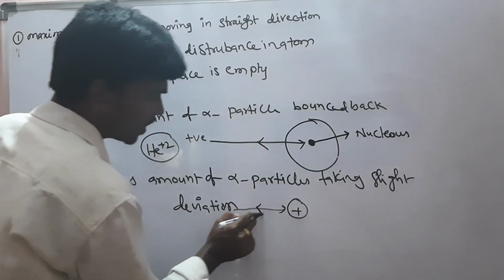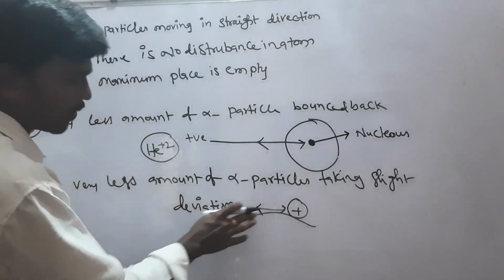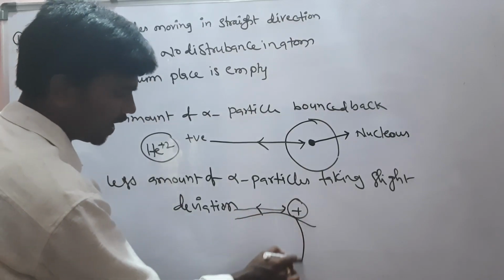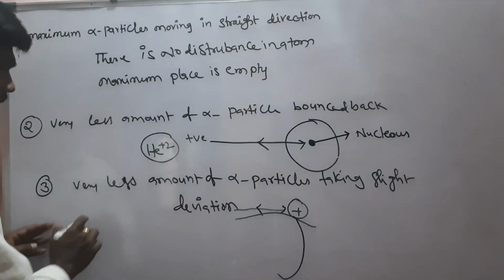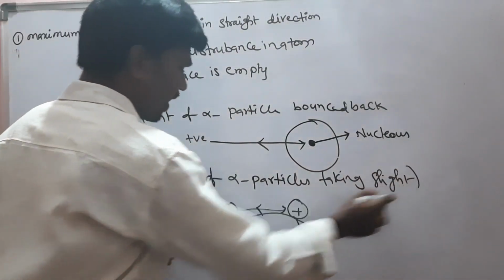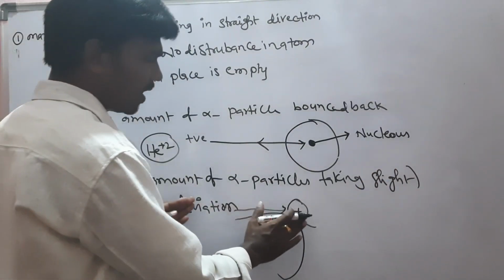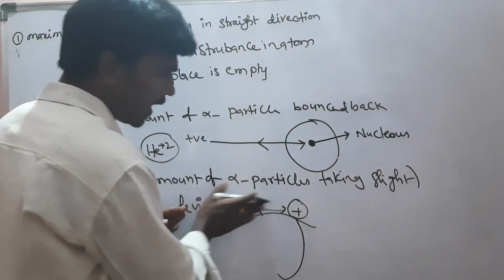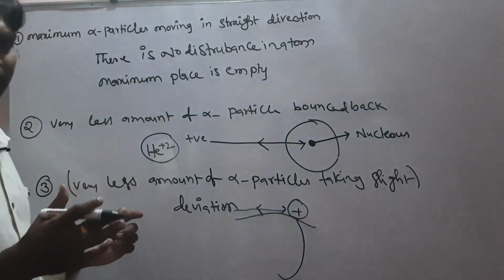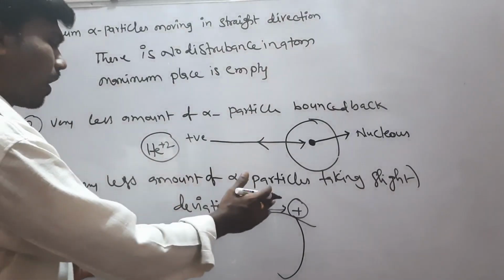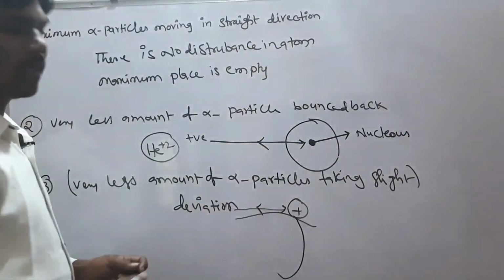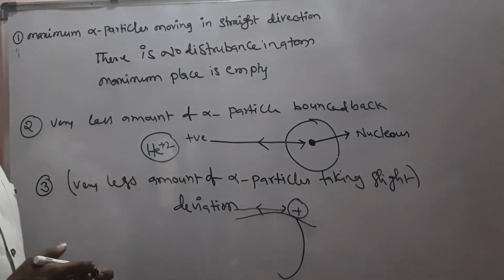If it approaches near the positive charge, it will immediately take some slight deviation. According to the third observation, it does not make a direct collision with the positive charge, it only approaches nearby. Because of that, these alpha particles do not bounce back, they take a slight deviation. So this is the third observation.